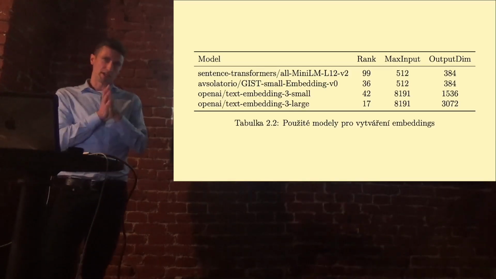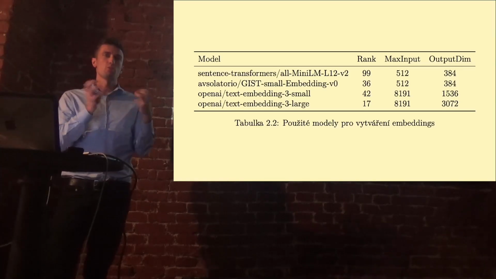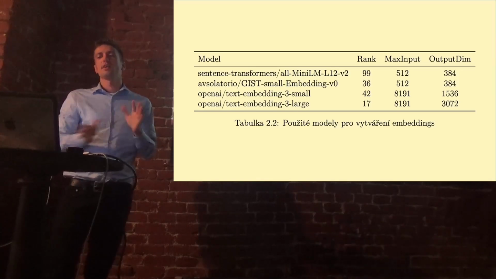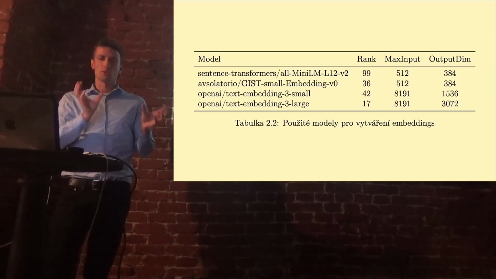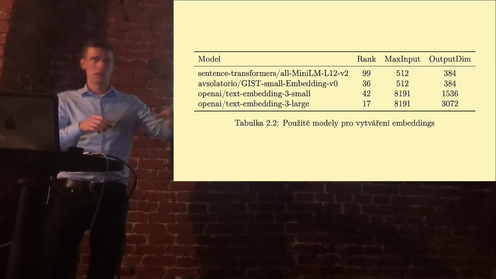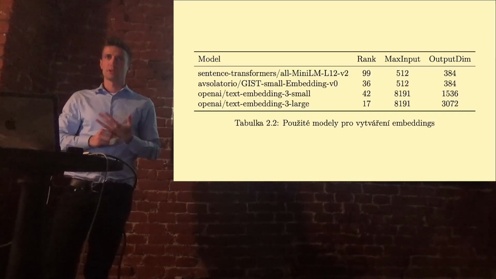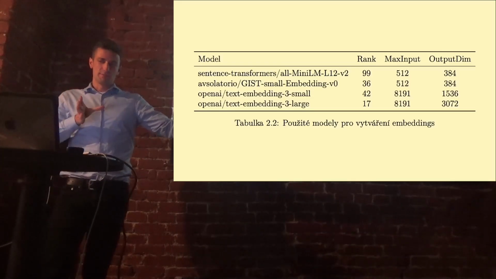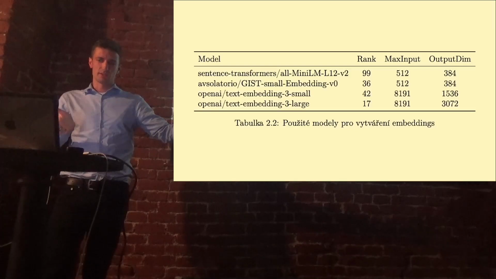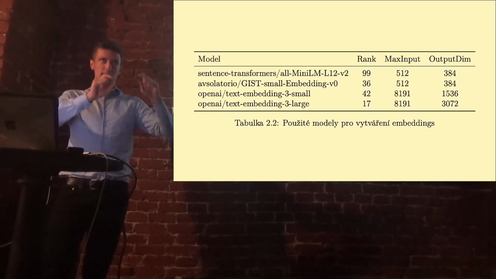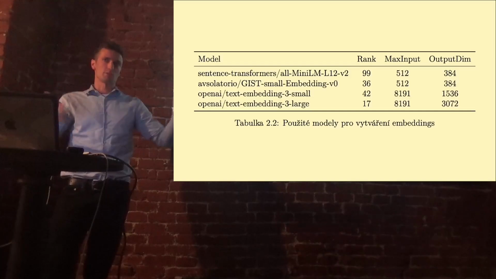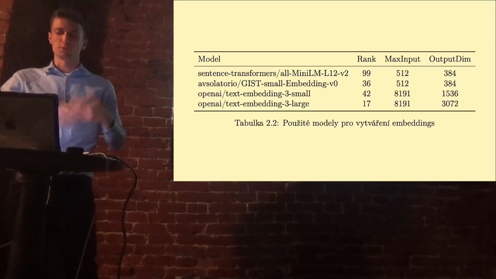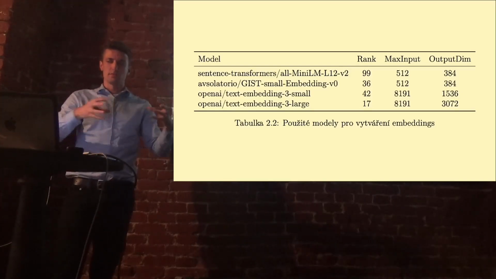What I'm putting in is tokens. If you have a word like umbrella, it splits words into tokens, like syllables. It depends on the tokenizer, and there is a maximal input you can put there. And the output is a vector. The document has different lengths, so it can have many more words than the input allows.